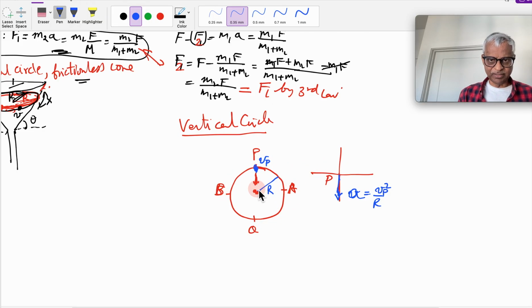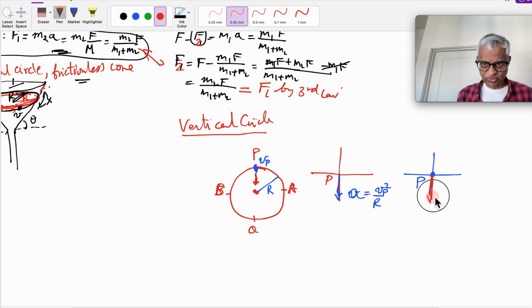What other forces are there? If you look at P, the forces will be mg pointed down, and if you look, here is a track, here is the object, so the normal force will be pointed down, not up.